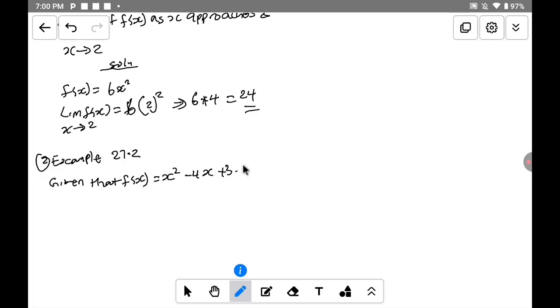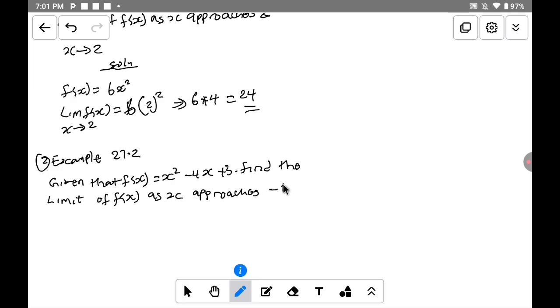First, we have to find the limit of f of s as s approaches minus 1.